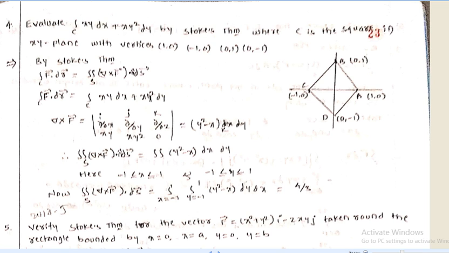And del cross F is the determinant of i, j, k, ∂/∂x, ∂/∂y, ∂/∂z, xy, xy², and there is no k term, which is equal to 0.